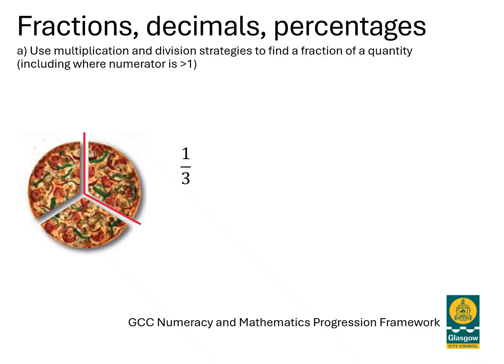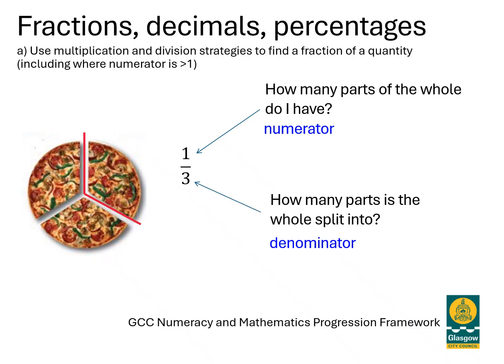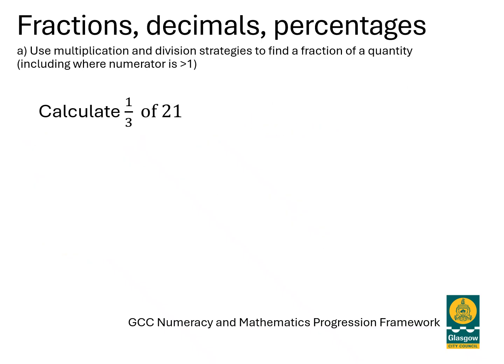In terms of our fraction notation, they need to be really confident that the top number is telling us how many parts we're interested in. So I would like you to take 1/3 of the pizza. That means I need to take 1 piece. And the denominator is telling us how many pieces that whole has been split into. If I'm taking 1/3, it means that I need to take 1 out of 3 pieces. They need to be really secure with that concept before moving on.